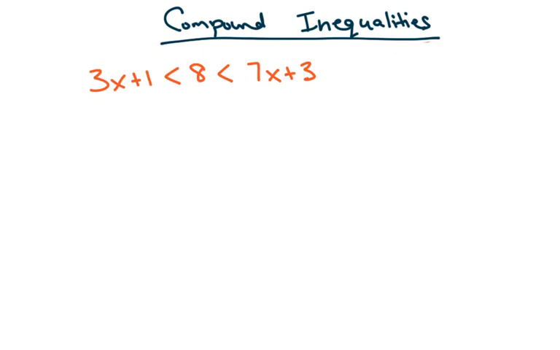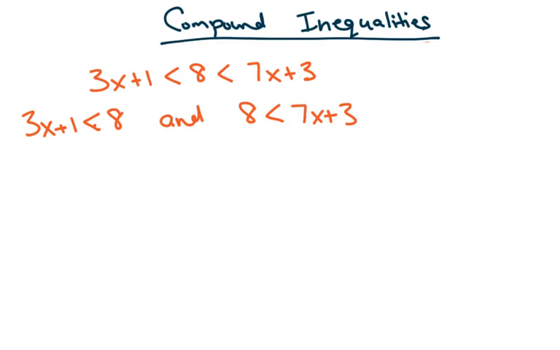So I'm going to split this into 3x plus 1 is less than 8 and 8 is less than 7x plus 3. Now, you don't have to do this step if you're more comfortable. You'll see some people who will leave the inequality together and work on all three parts at the same time. I just prefer to do this. It helps me avoid mistakes.